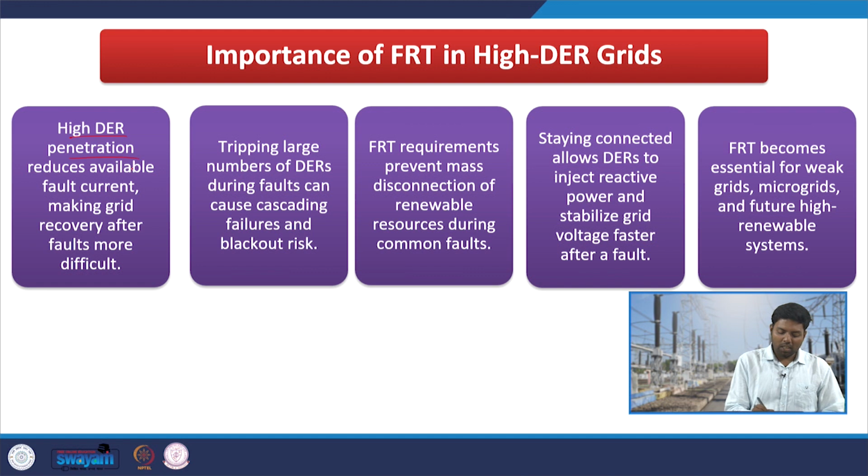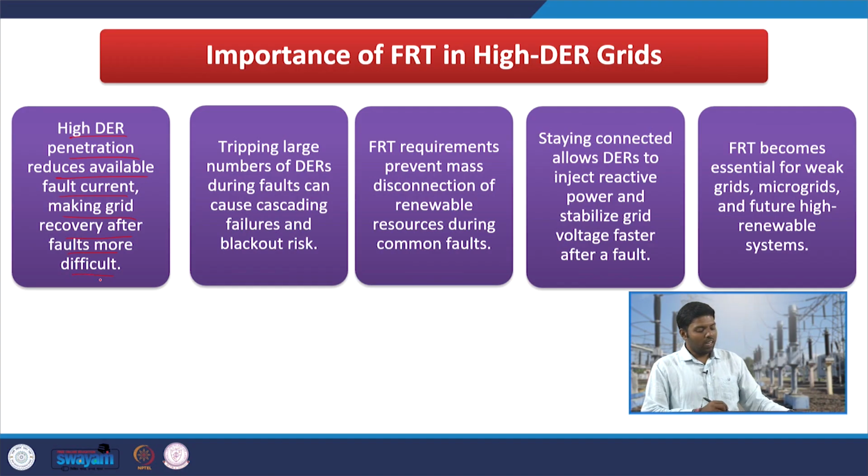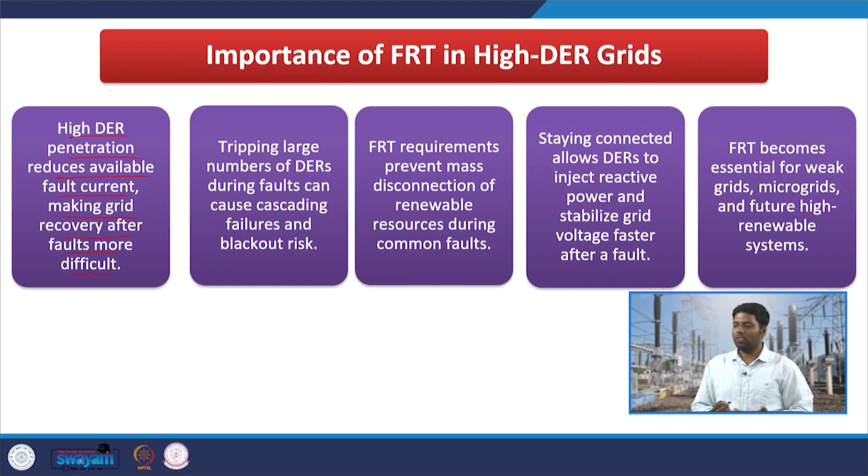High DER penetration reduces available fault current, making grid recovery after faults more difficult. Okay? We have seen before that if you have a synchronous type DER, it will give you a huge amount of fault current, which will enhance the fault current amplitude. But tripping a large number of DERs during faults can cause cascading failures and blackout risk.